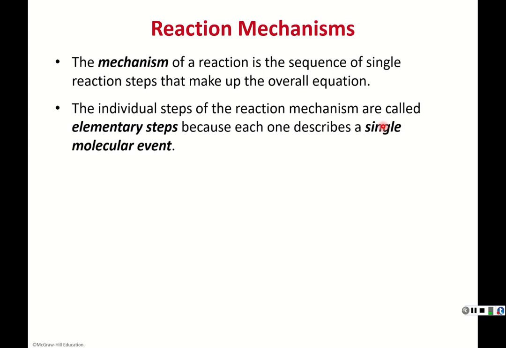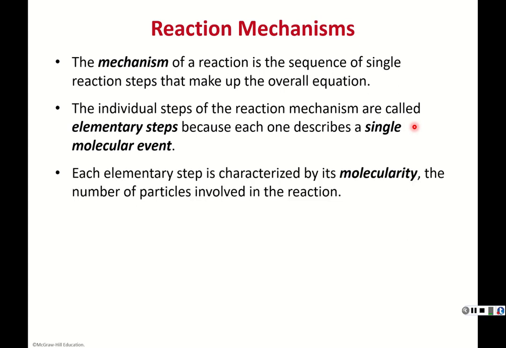So we're describing what happens on a molecular scale. The overall chemical reaction shows overall what's occurring chemically, but that doesn't necessarily show what's happening at the molecular scale. And that's what these reaction mechanisms, these steps, are showing.